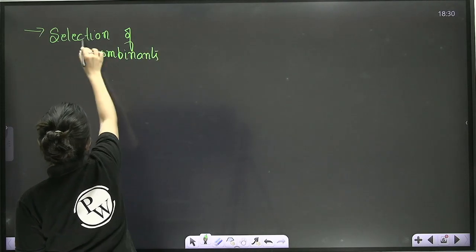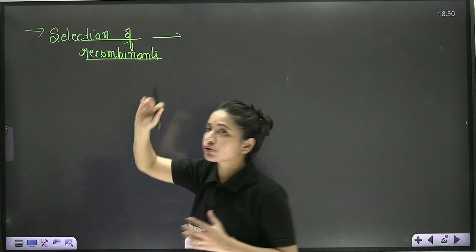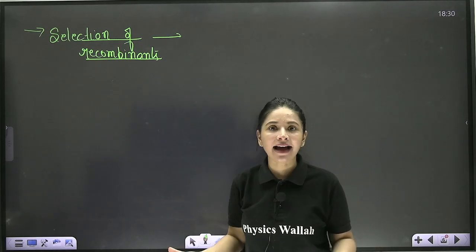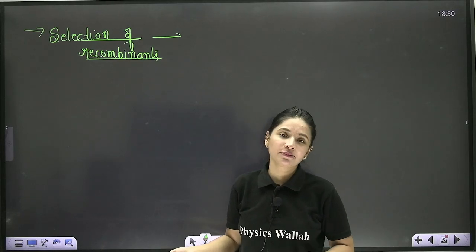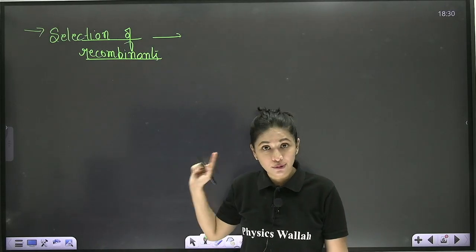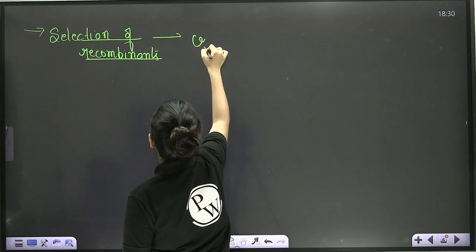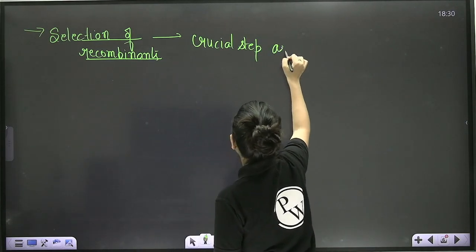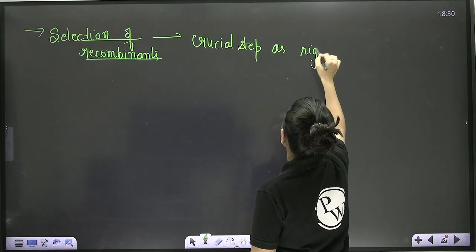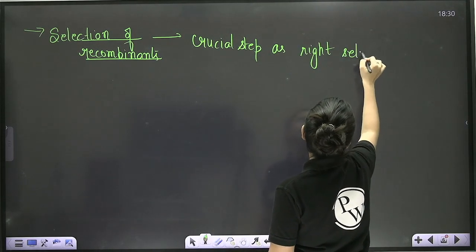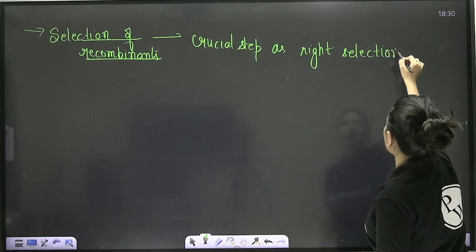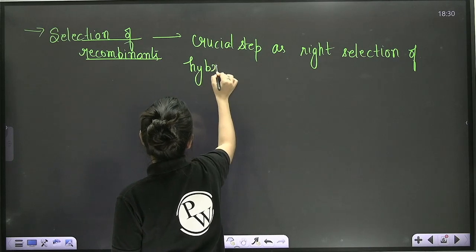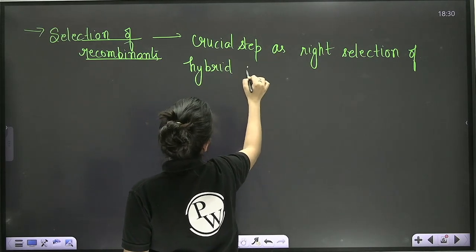Selection of recombinant. Now this is one of the most crucial steps. Suppose you choose the wrong seed, what will happen? Your whole process will become waste. So this is a crucial step, right? Selection of hybrid is a must.